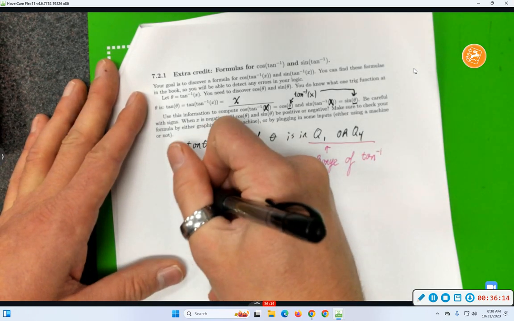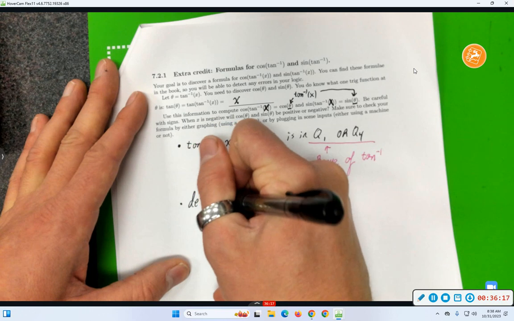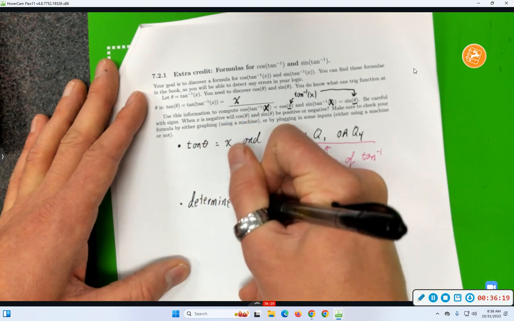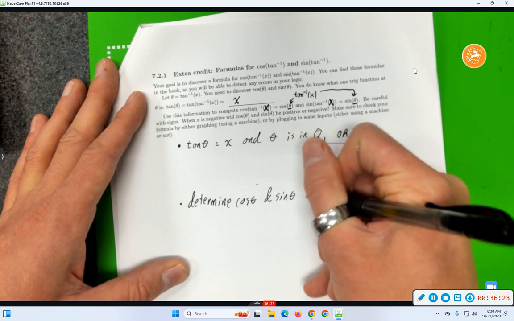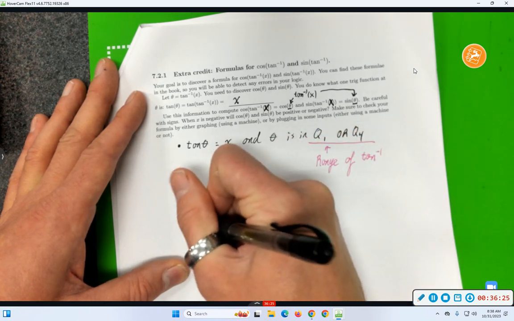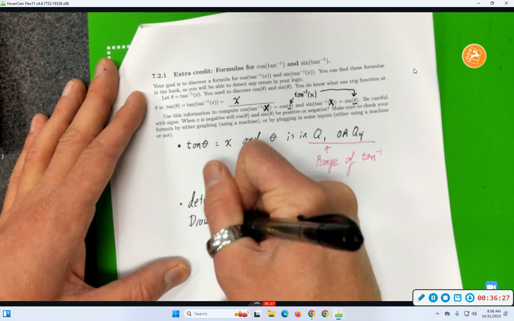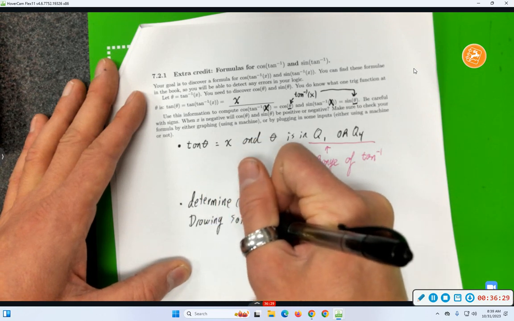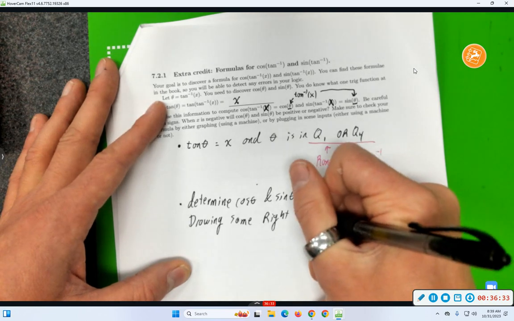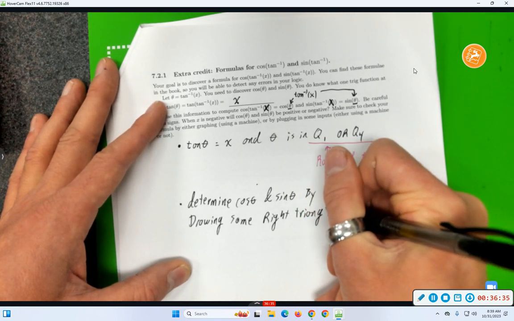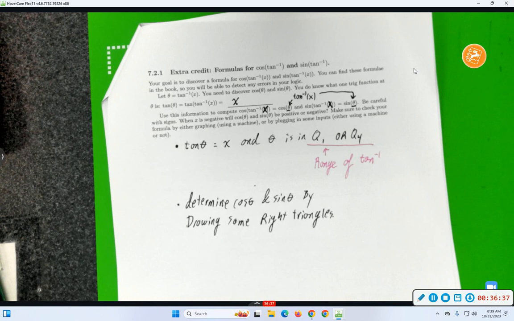Use that information, drawing some right triangles. Figure out cosine and sine.